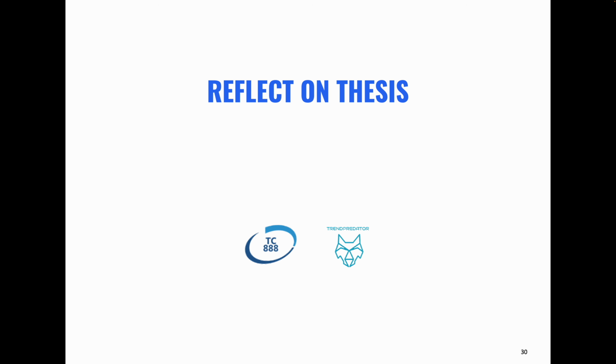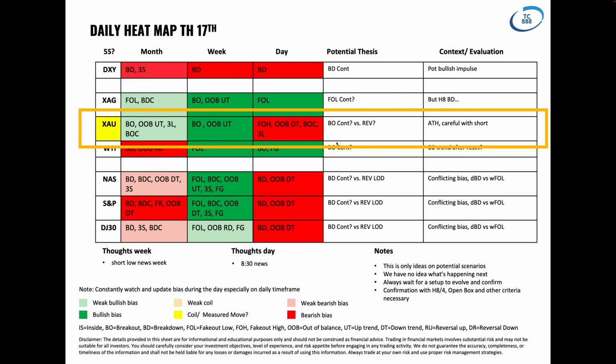Once everything runs through again, you reflect on the thesis one more time. So let's reflect on it. We've seen we have a 5-star template, we have bullish higher time frames overextended, we have a bearish setup on the day. We are not yet sure, breakout continuation versus reversal.